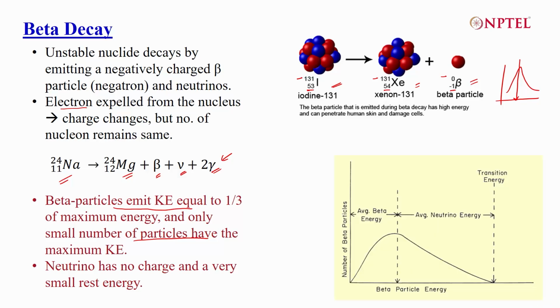So, if you see this plot, this is the beta particle energy distribution. It will have a maximum energy. So, the average beta energy is about 1/3, and the remaining amount is actually taken care of by neutrino or gamma radiation. Neutrino has no charge and a very small rest energy.